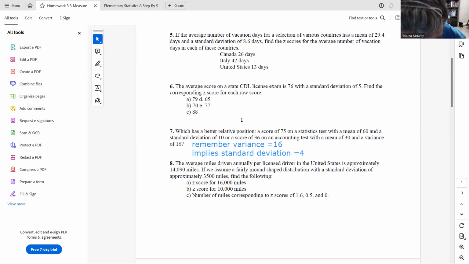Okay. I'll let you work on number 8. It's a lot like number 5. The average miles driven annually is approximately that. If we assumed a fairly mound-shaped distribution, again, mound-shaped, bell-shaped, symmetrical, those are all synonymous terms for that curve that we know of.